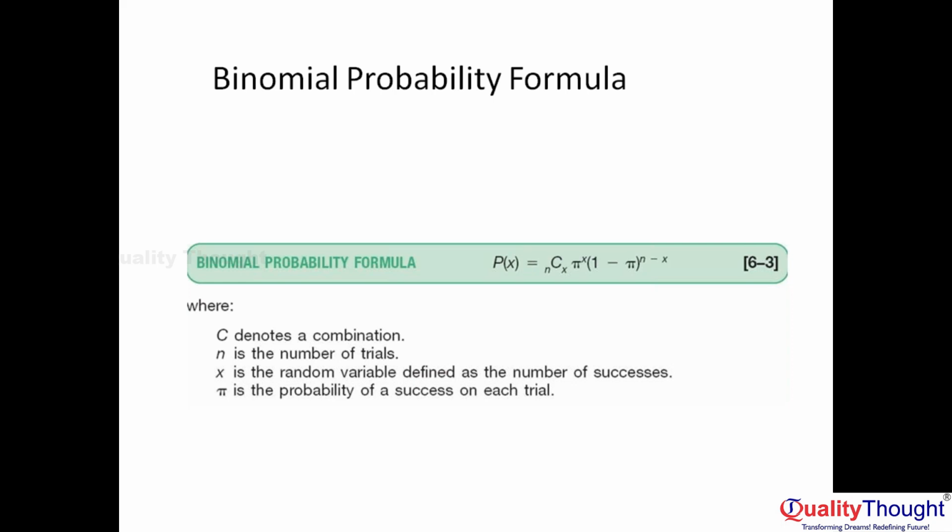These are the number of combinations. When you want to identify the probability, you need to collate everything: the number of combinations, into the probability of success, into the probability of failure.